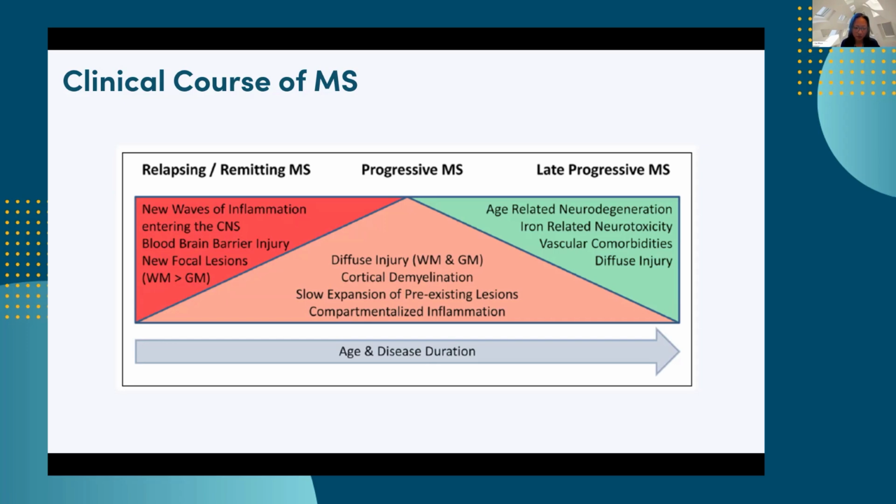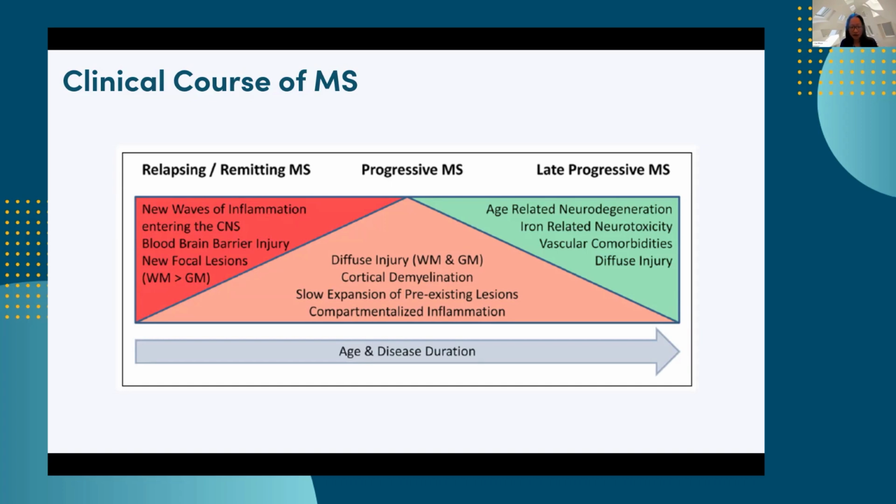That's the diffuse injury we're seeing in both the white matter and the gray matter: the cortical demyelination, the prior lesions, the prior injury that's there. Those lesions slowly expand, so they get larger over time. And then compartmentalized inflammation, which means inflammation within the brain space itself, within the CNS itself, undergoes slow inflammation, and our disease modifying therapies don't target that because they can't cross the blood-brain barrier.